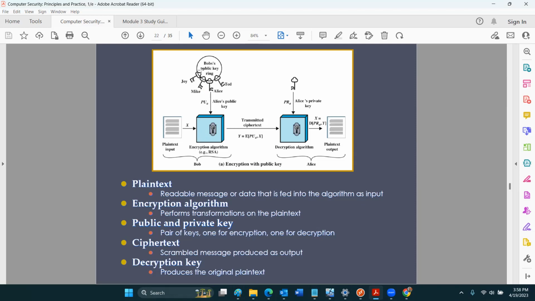Bob has a public key, and he gives it to Joy, Mike, Alice, and Ted, right? When he sends something to Alice, he's using his private key because Alice has his public key. Just remember that the only person who has the private key is the person to which the private key belongs.